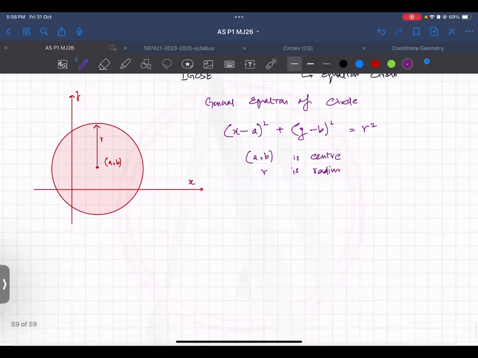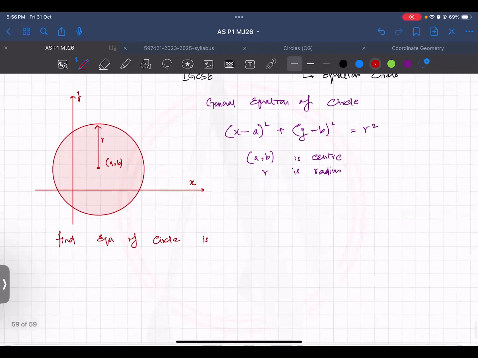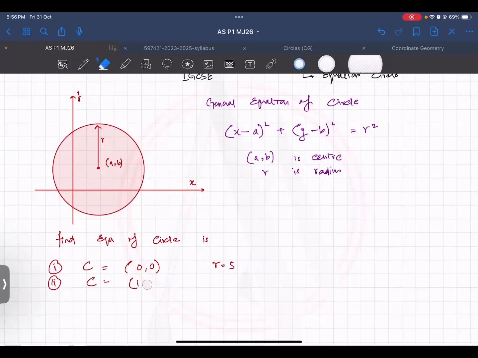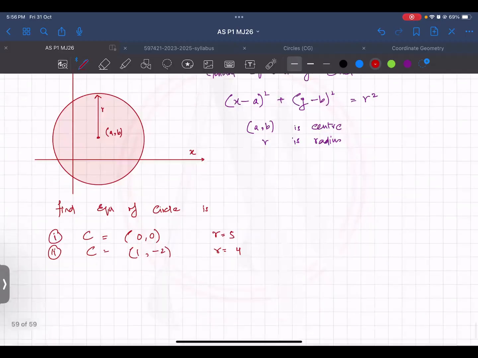That is it. So let's suppose the question is: find the equation of the circle if the center is 0 comma 0 and the radius is 5. Center is 1 comma minus 2, radius is 4.